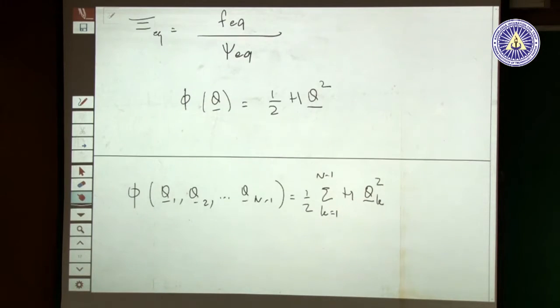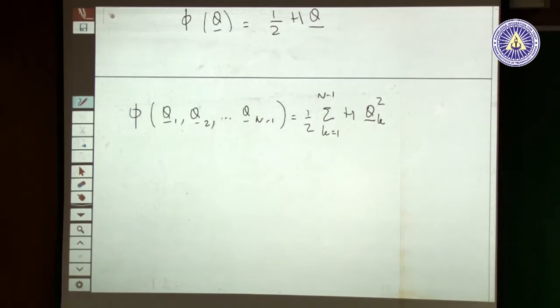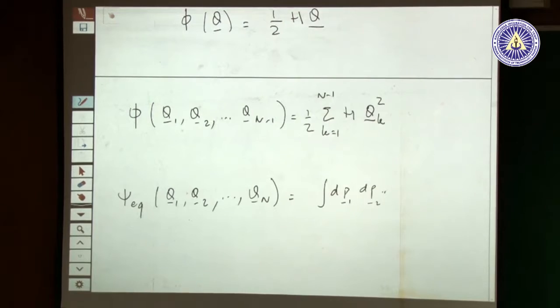So, if I look at my distribution function, right. So, firstly, suppose I look at psi equilibrium, and I said you get it by integrating out the momenta, right. So, dp1, dp2 and so on of f equilibrium.